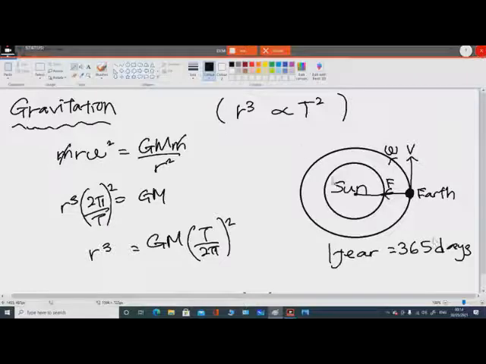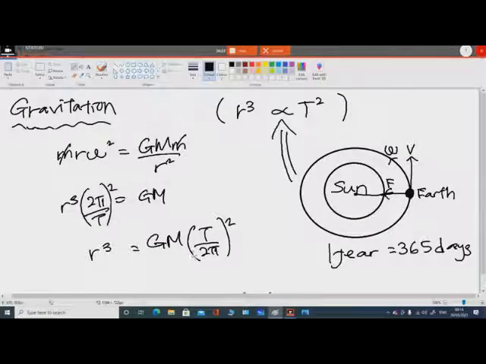This shows the relation for the distance between the Sun and other planets, including Earth. So the distance between the Sun and other planets is directly proportional to the square of the period of the other planets.